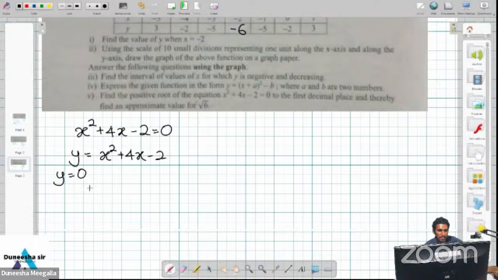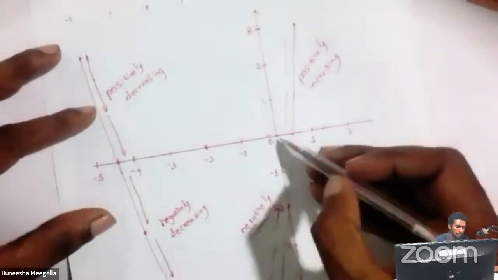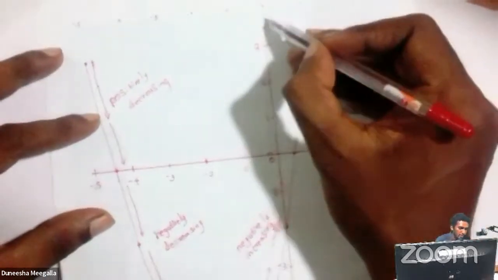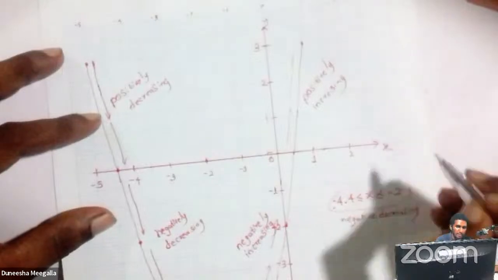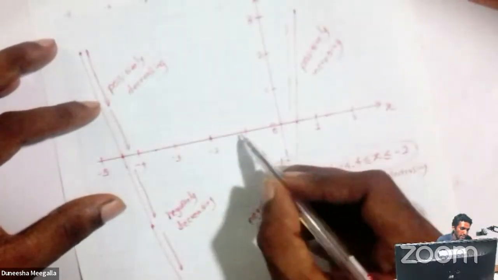We can get the equation x square plus 4x minus 2 equals 0. Can you find the y when y is 0? When y is 0, this is the y. Y-axis here. You can mark the x and y. Y is 0.